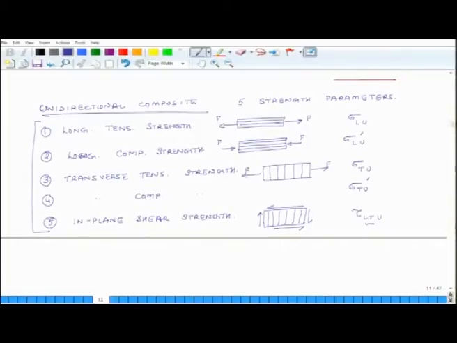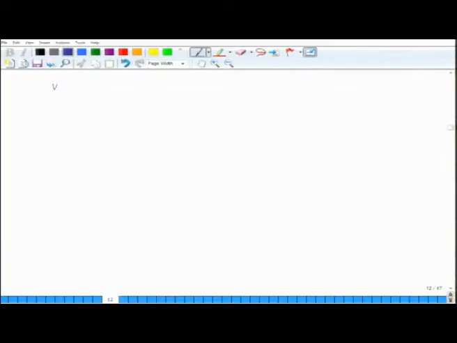So, the next thing we will discuss today are some important parameters of unidirectional materials. So, we call them volume and mass fraction. Again, all this discussion is happening in the context of unidirectional composites, where fibers are just in one single direction.